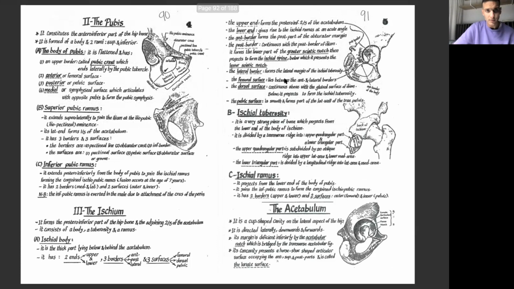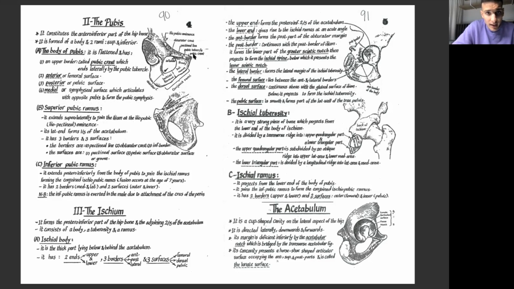Pubis. The pubis is a structure that is found in the anteroinferior part of the hip bone, and it makes part of the acetabulum. Its main important features are labeled right here: the obturator, the pectineal line, the pubic tubercle, and the pubic crest.